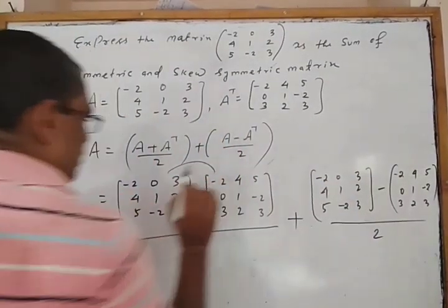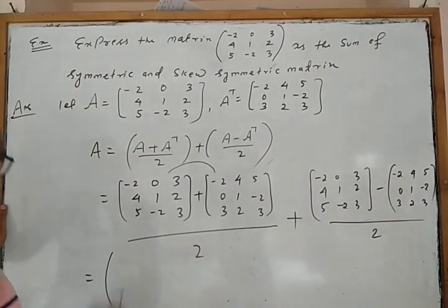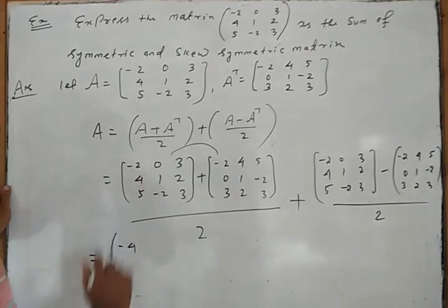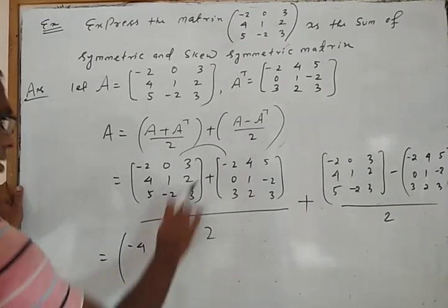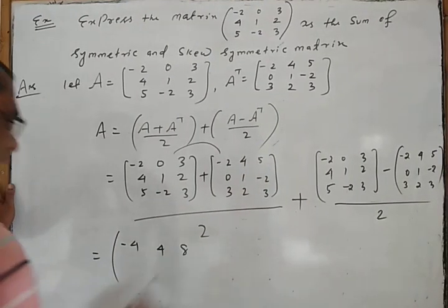Then add these two matrices. So this is equal to -2 minus 2 is -4, 0 plus 4 is 4, 3 plus 5 is 8.